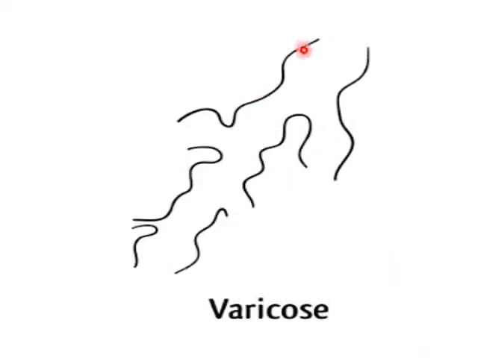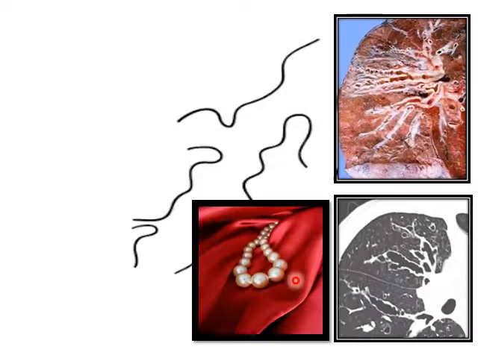If the walls are varicose like this or corkscrew like this, it is varicose type of bronchiectasis, and it gives the appearance like this. You see the wall is irregular.